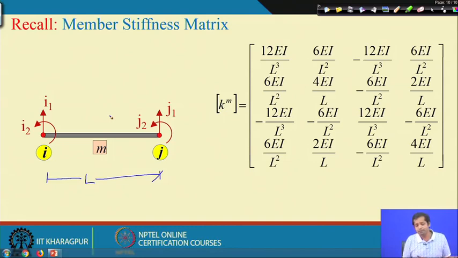But for some member, if you find it is 2 EI, then instead of all EIs it will be 2 EI. So, whatever is EI of that particular material, you have to substitute that value here to get the member stiffness matrix for that particular segment. Okay. So, then the rest of the thing is exactly the same.